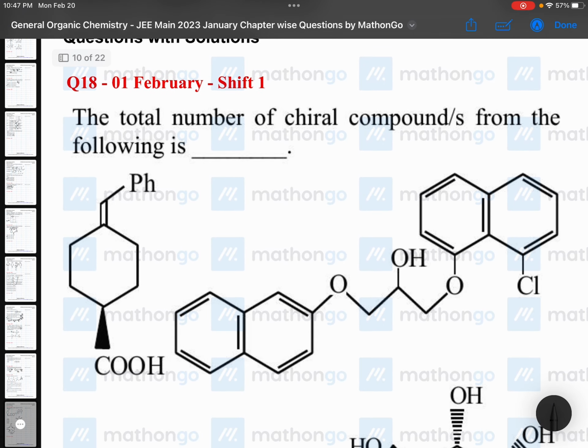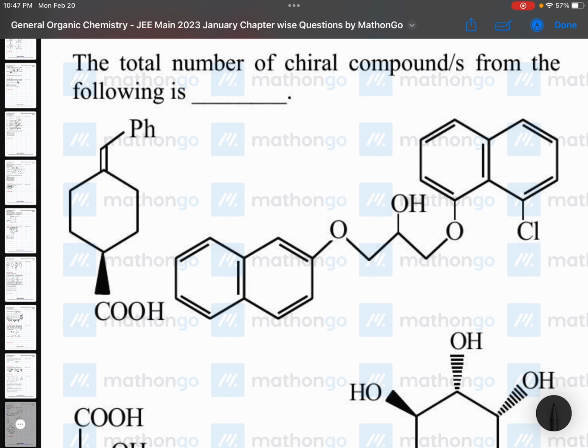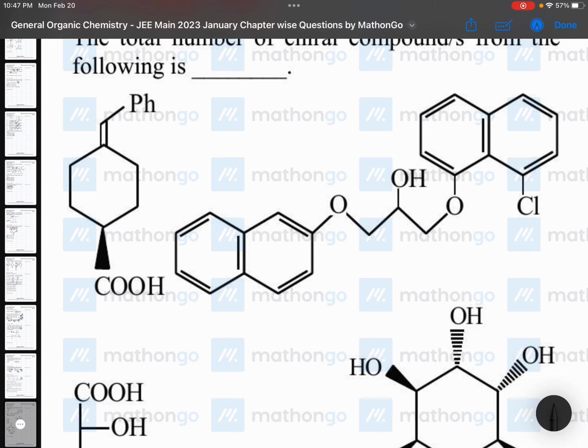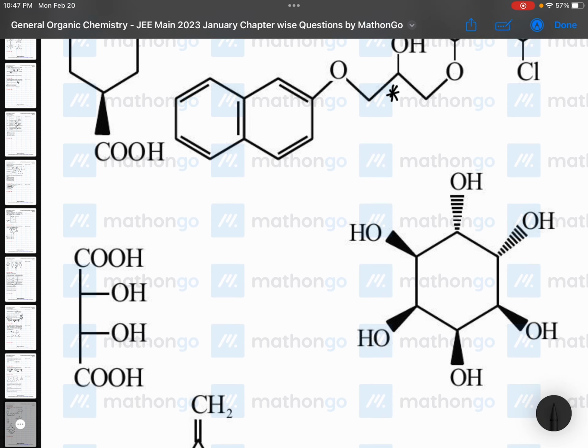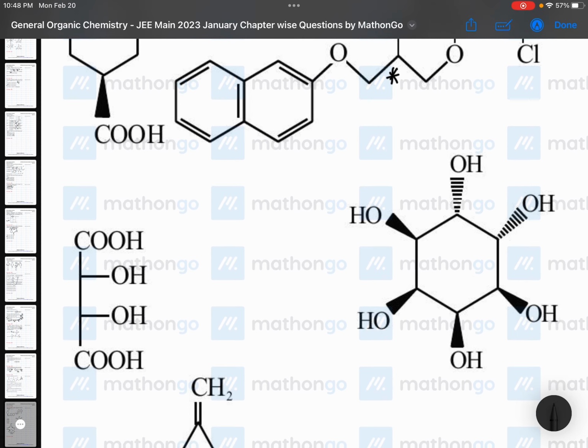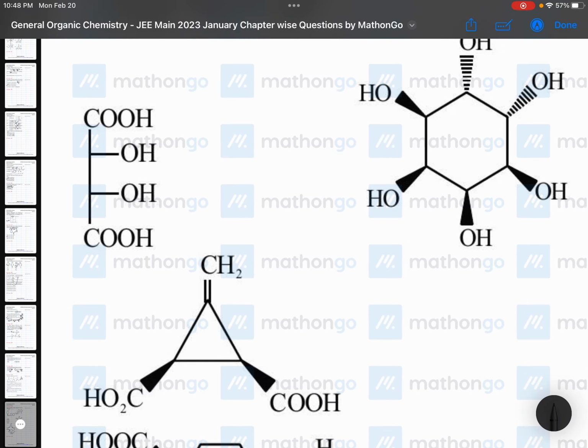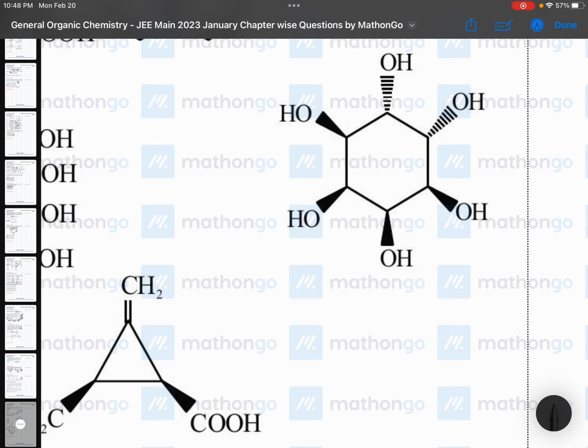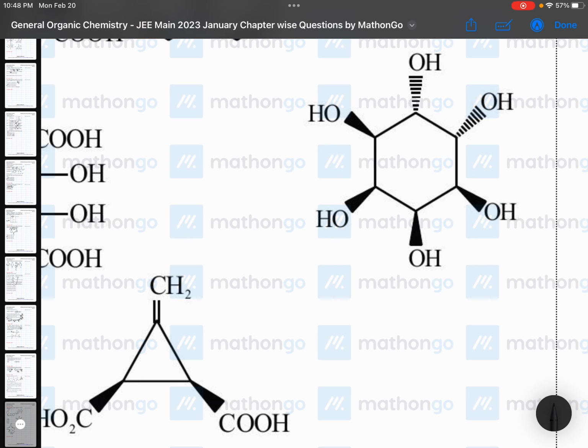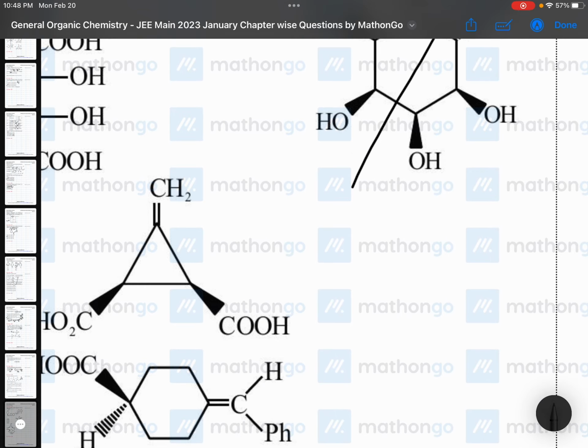The total number of chiral compounds from the following is asked, and we need to check which are chiral. You can see this is chiral, and you need to check which others are chiral. This has a plane of symmetry.